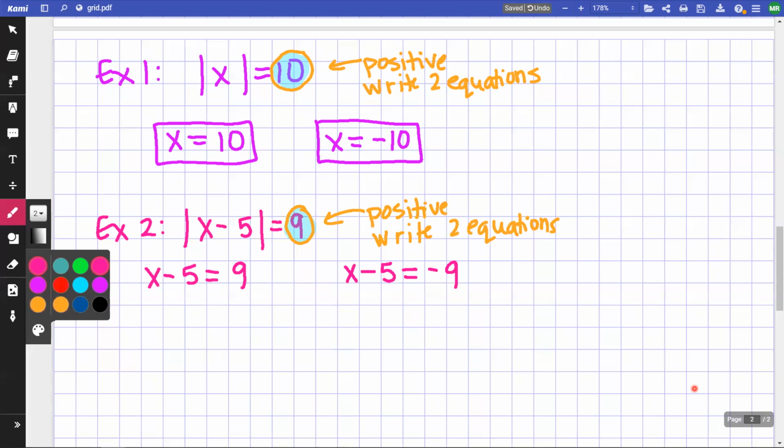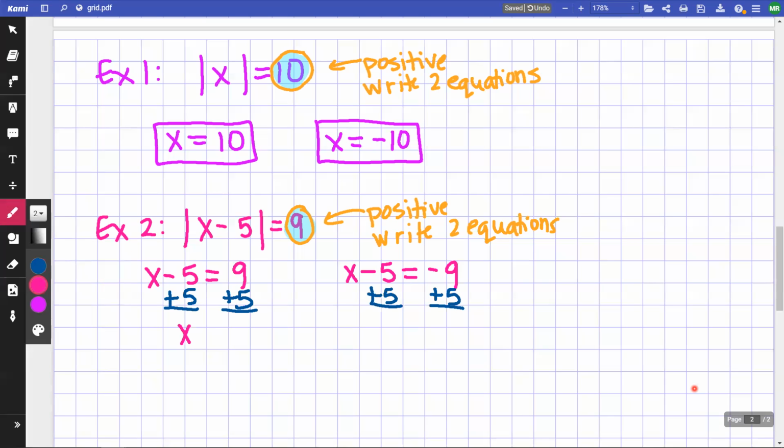So then I'm going to solve. When I solve, I'm going to add 5 to both sides. So I add 5 here, add 5 here. I also do the same over here, add 5, add 5. And then I'm going to end up with x is equal to 14. That's going to be one of my answers. And x is equal to negative 4.